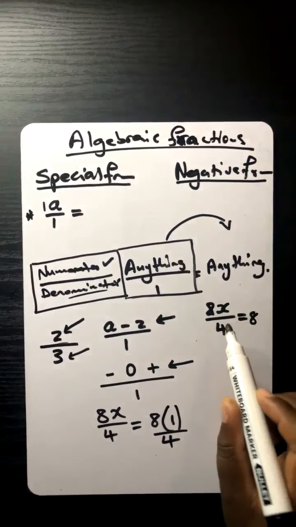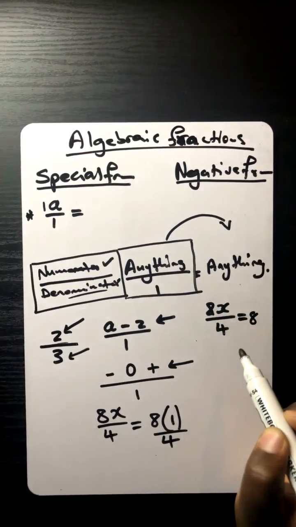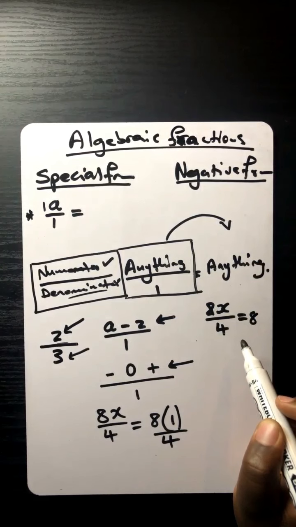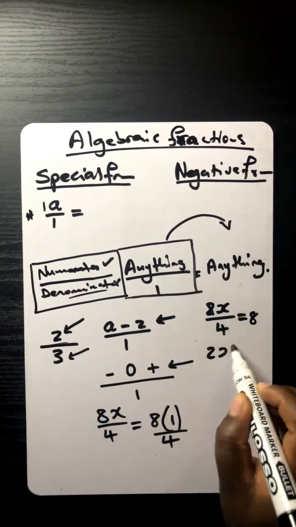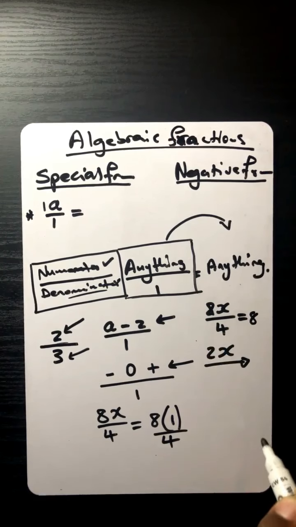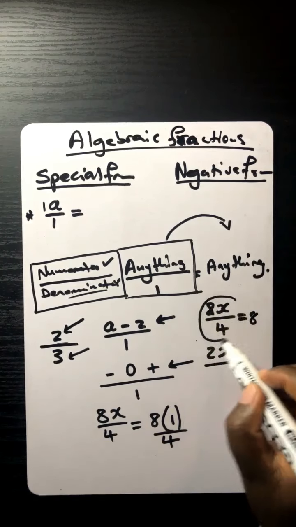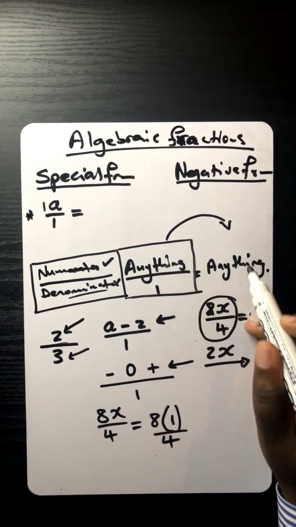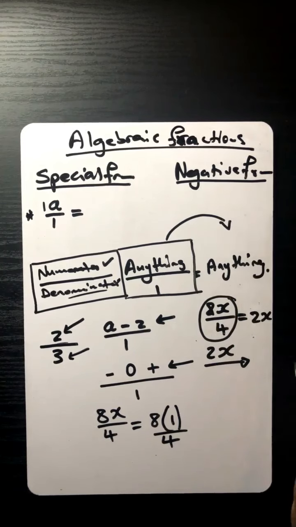So remember, 8 divided by 4 is how much? 8 divided by 4 is 2. Then it means you've got 2x. So that means this is the same as 2x.